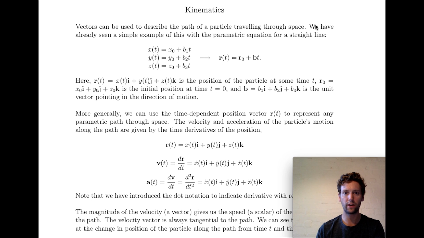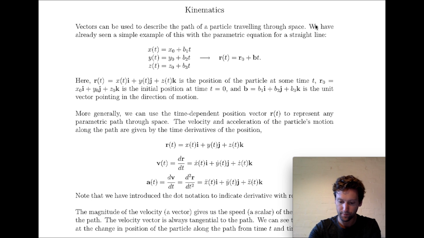So now let's take a look at kinematics, which describes how a particle travels through space. So we can think about the position of a particle being described by a vector, and then we can ask what's its velocity and what's its acceleration. So we've already seen an example of a vector representation of a path through space. That's when we had the parametric equation of a straight line.